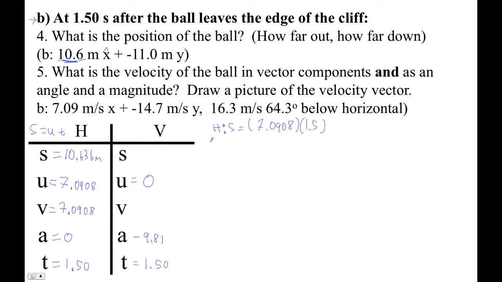And then let's do our S vertically. I'm going to use S as UT plus 1/2 AT squared, right? Now, of course, there is no initial velocity, so that goes away. So that equals 1/2 negative 9.81 times 1.5 squared. So let's type that in, 0.5 times.